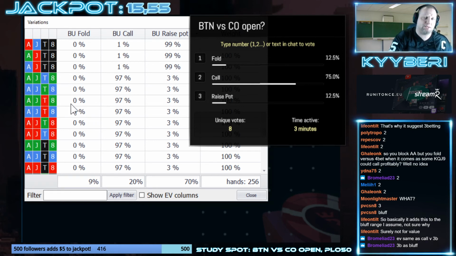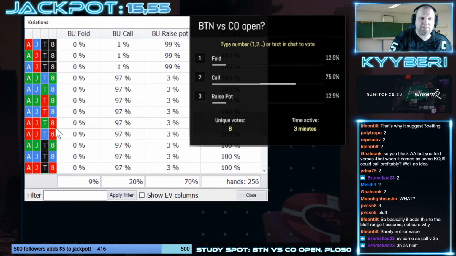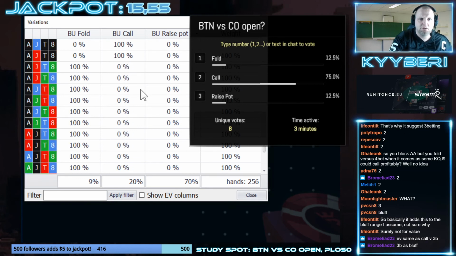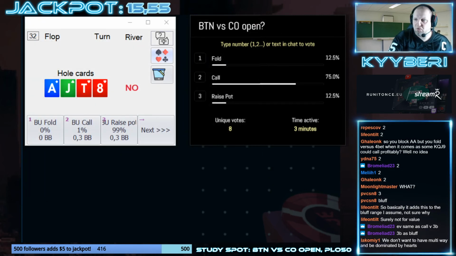So no matter what the suits are in ace, jack, then 8, it's a 3-bet. But when there's 3 of the same suit, bam, it becomes a call. And rainbow, it's a fold. Wow. Yeah, it definitely favors being heads up instead of multi-way.